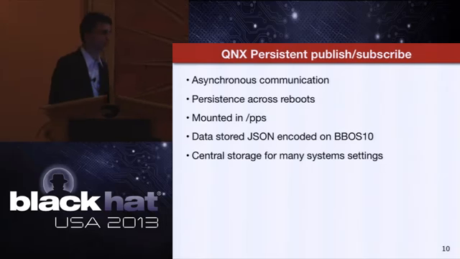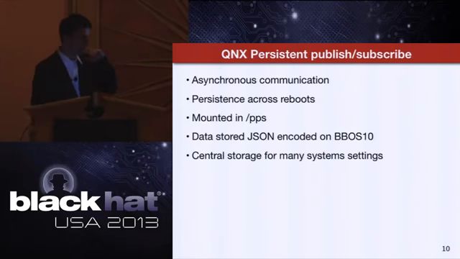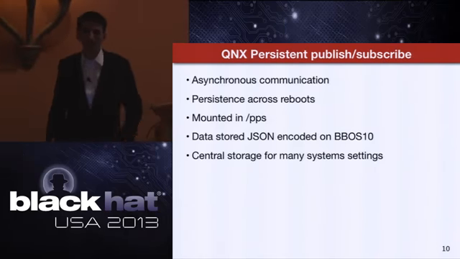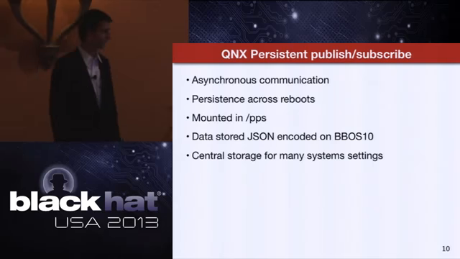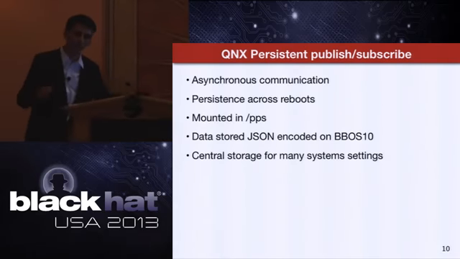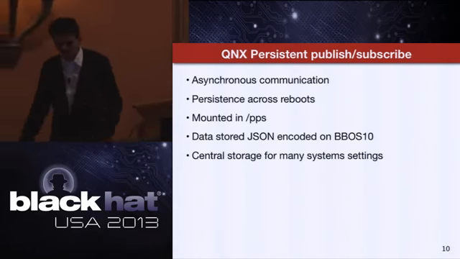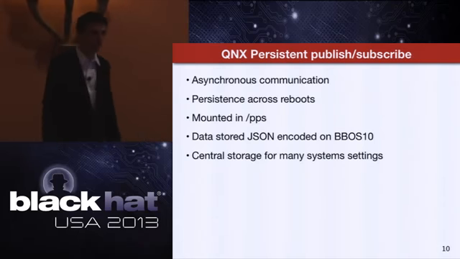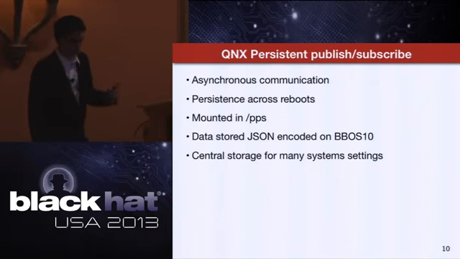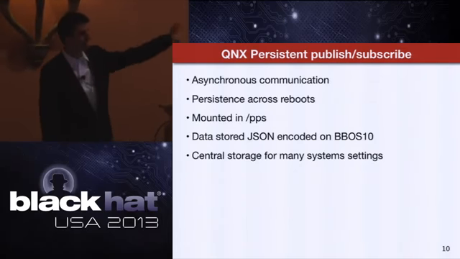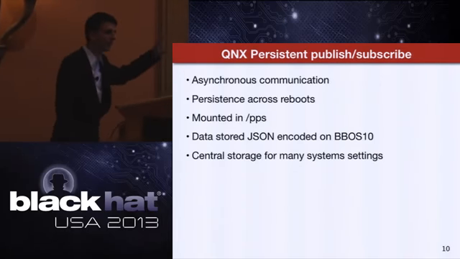This is the QNX persistent publish subscribe system, which basically gets mounted into root PPS, and this gives processes and threads on the system asynchronous communication abilities with persistence beyond reboots. So in QNX, the data that is stored here is usually binary.